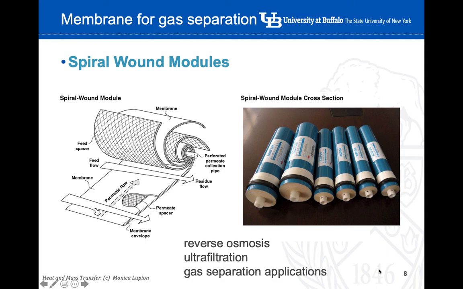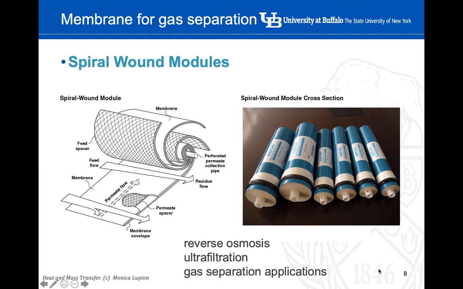And you have here a diagram of how this works. The bulk gas gets into this cylinder, and then a part of this feed goes through the membrane, and another part is rejected.